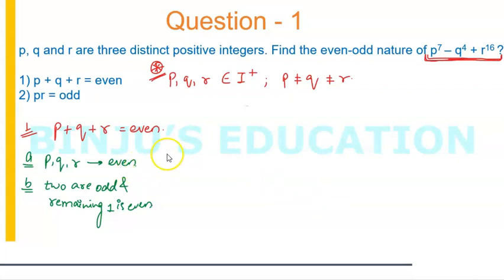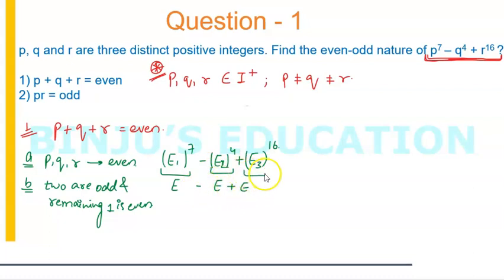If P, Q, R all three are even, so I'll do even to the power 7 minus even to the power 4 plus even to the power 16. Now, even raised to any power will always give you result as even. So this will also be even, and the third one will also be even.